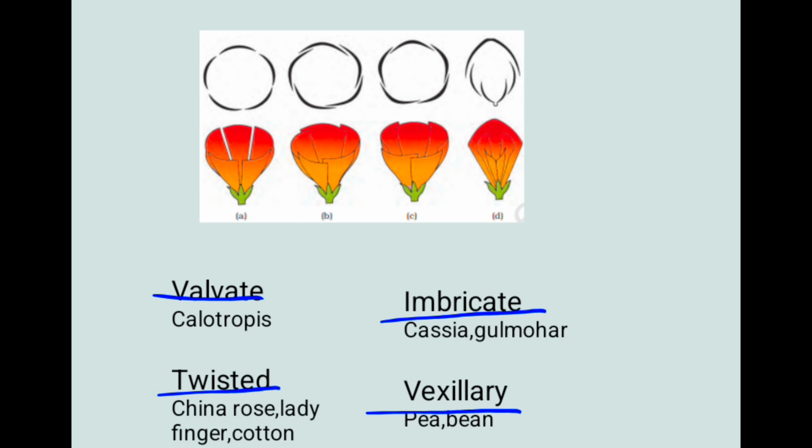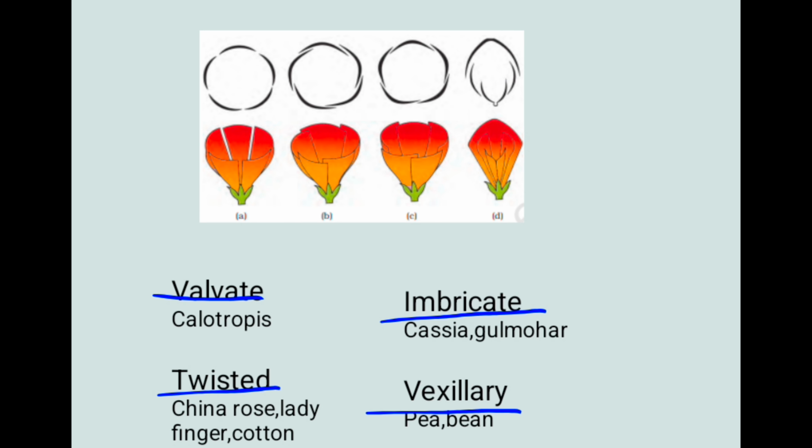In twisted, one margin overlaps the next one in the same pattern: China rose, ladyfinger, and cotton. Next is imbricate. The margins of sepals or petals overlap each other but not in any particular direction, as you can see here. It is seen in cassia and gulmohar.